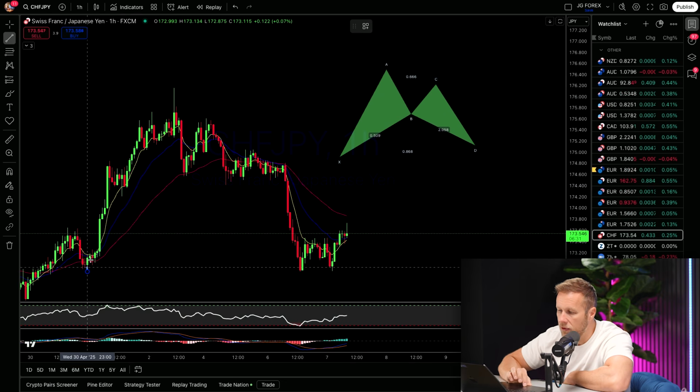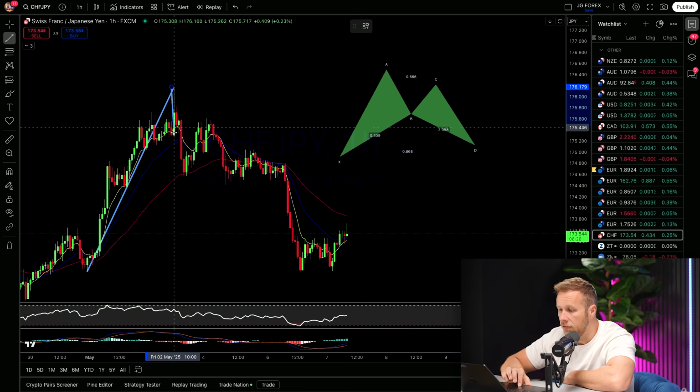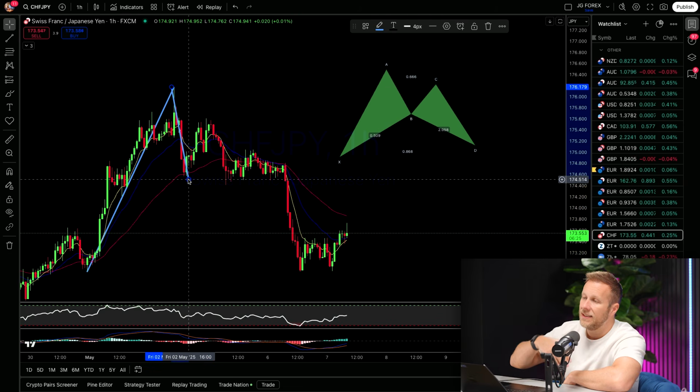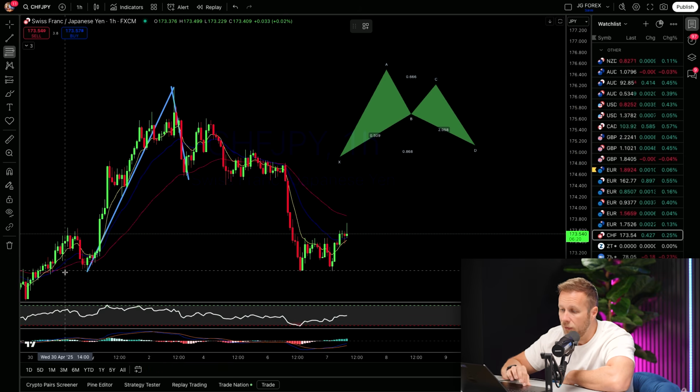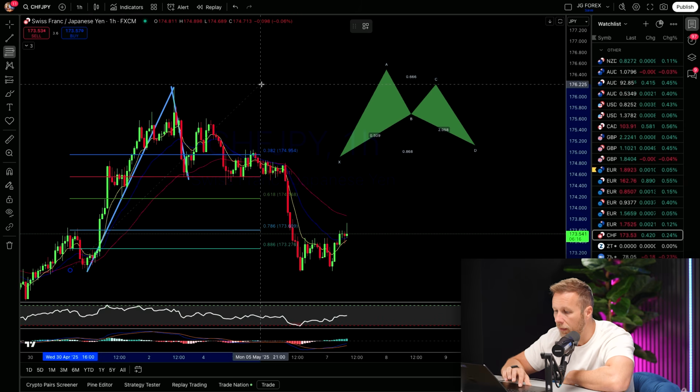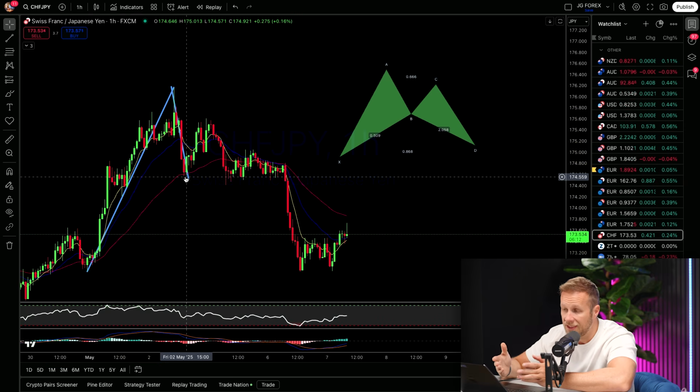And then we want a retracement, and the rule of the bat pattern is it has to hit a 50% retracement from X to A. So you bring on your Fibonacci retracement from high to low, and it has to hit the 50% retracement, which this does.